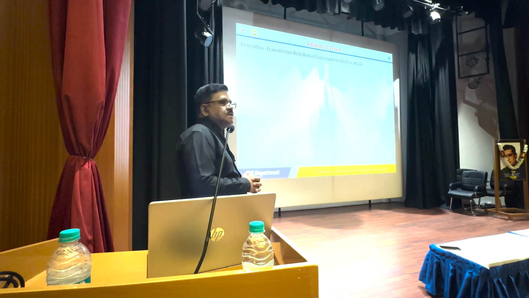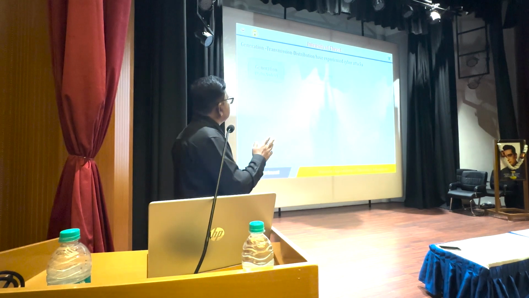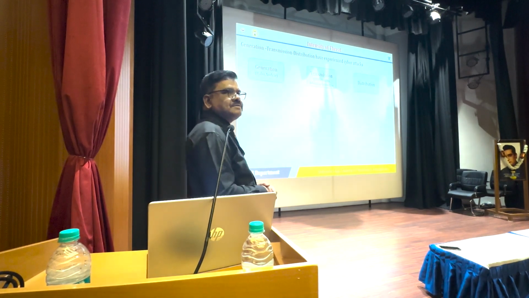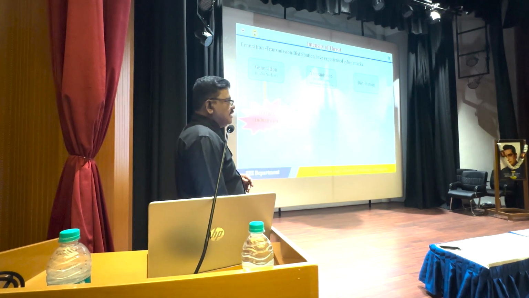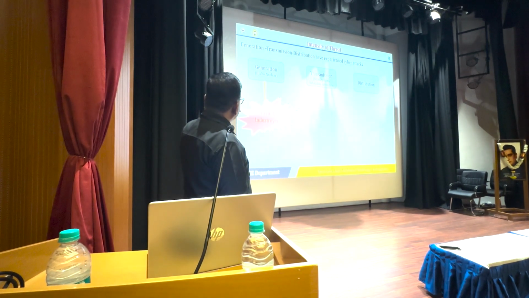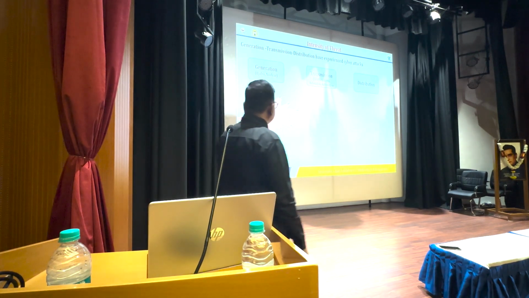Then what is the intensity of this threat? First, generation, transmission, and distribution have experienced cyber attacks. On generation, hydro and nuclear have faced them. The cyber attack that has attacked generation is Stuxnet, and the second one is Industroyer.